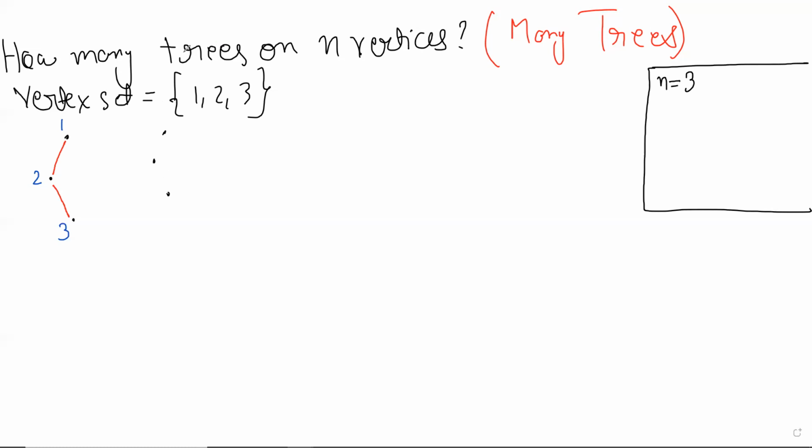So you see, this is the important point: with this shape, or with this path, you can get many trees. I'm not going to draw all of them, but with this particular shape, you can get many trees. How many will you get?